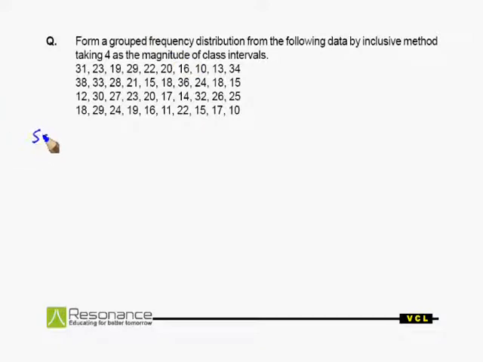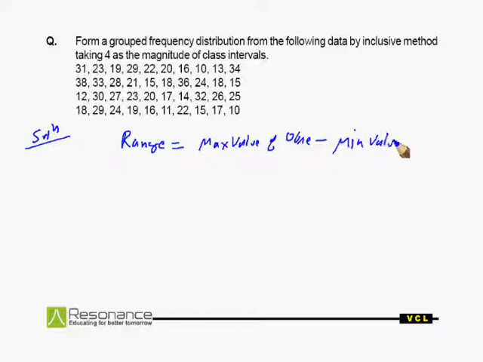Now, first of all, we have to find the range. The range can be found as the difference between the maximum value of the observation minus the minimum value of the observation.